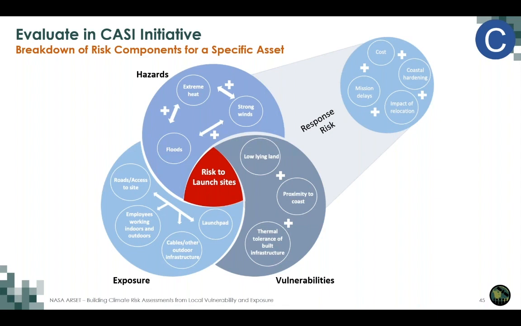We also look at the vulnerabilities, including proximity and low-lying land near the coast and the various thermal tolerances of built infrastructure. And when you pull these things together, you get a better idea of the overall risk and the potential response risk as we consider various interventions.